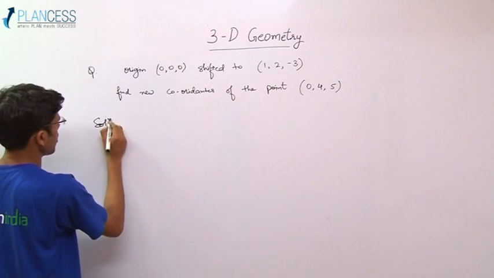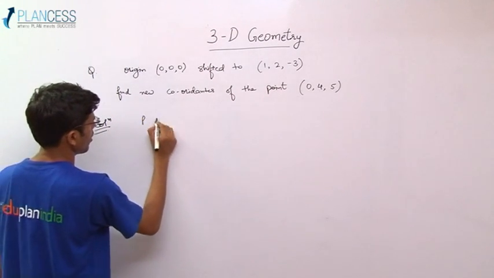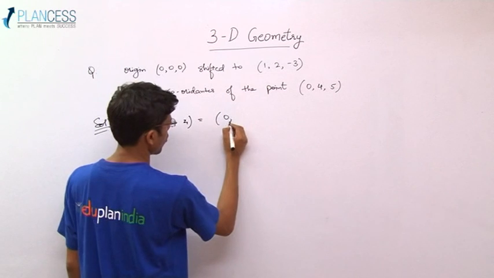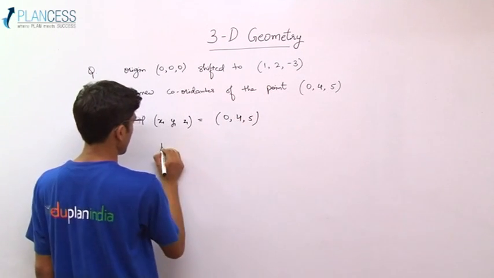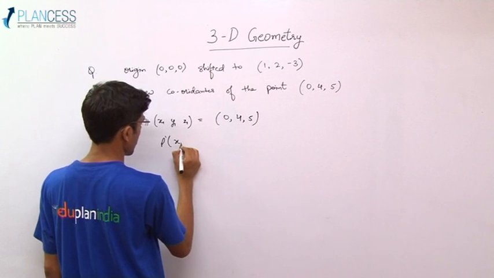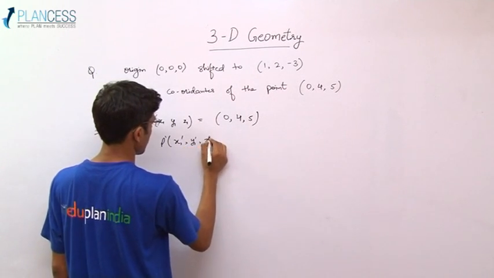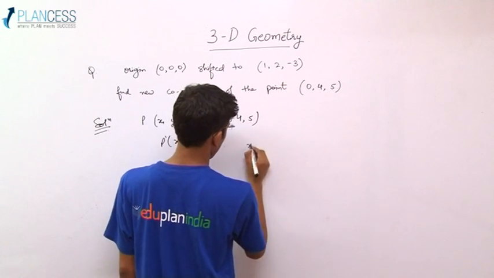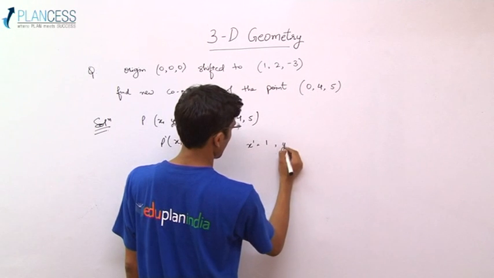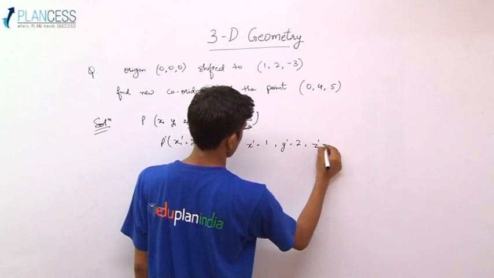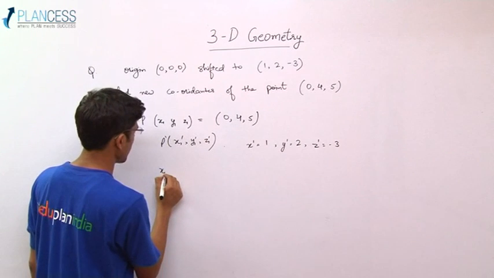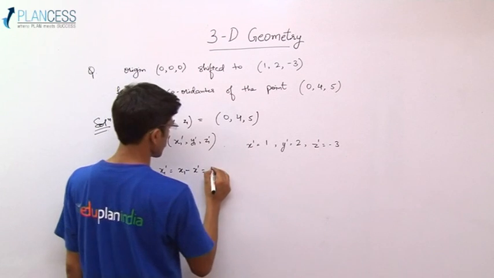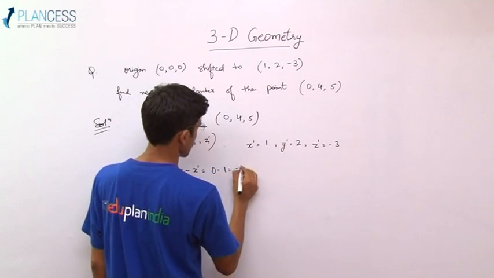As we have studied just now, we have P, x1, y1, z1 as 0, 4, 5. We have to find P dash, x1 dash, y1 dash, z1 dash. Given the origin is shifted to 1, 2, minus 3, say x dash is 1, y dash is 2, z dash is minus 3. So x1 dash is x1 minus x dash, equals 0 minus 1, equals minus 1.